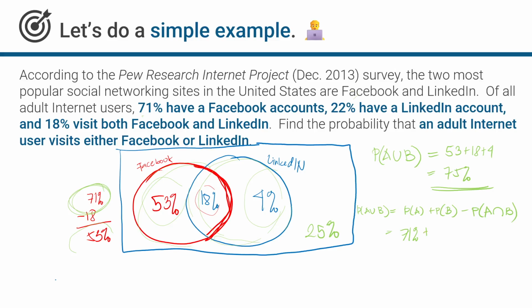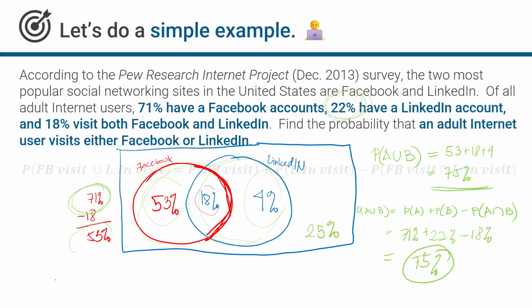Plus the probability of B as given, 22%, minus the probability of both, 18%. So 71 plus 22 minus 18 is equal to 75 pa din. 75%. So the formula still works and the analysis using the Venn diagram also works.